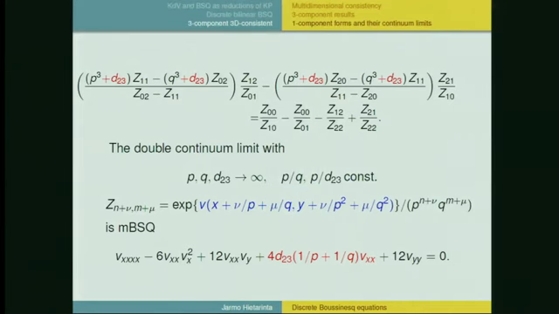So here it is again, and now I take my double continuous limit as follows. All these go to infinity, but they go with the same speed. So this here goes much faster than this term. And here is the parameter dependence, and I have to divide it also by this extra term.